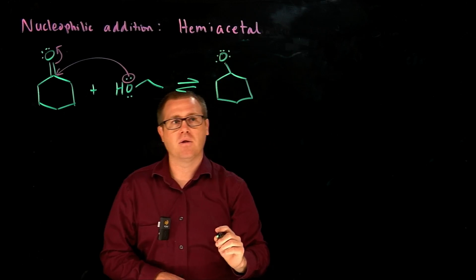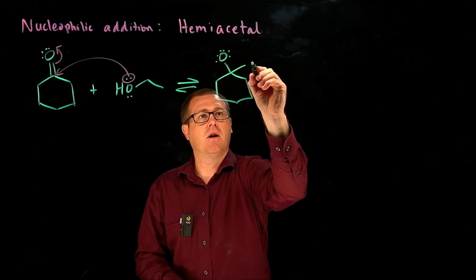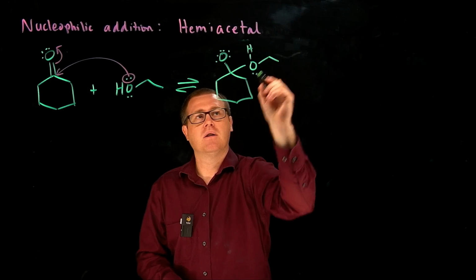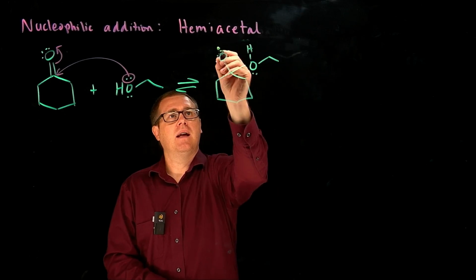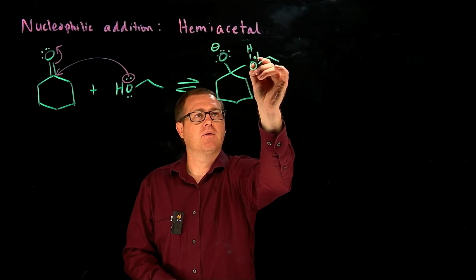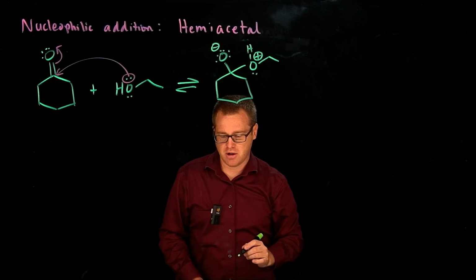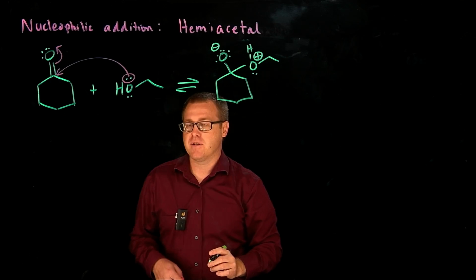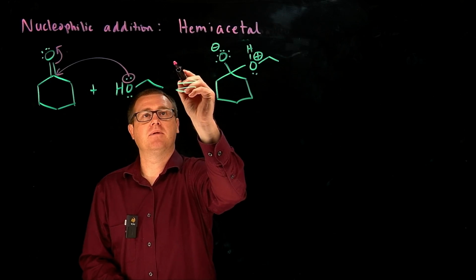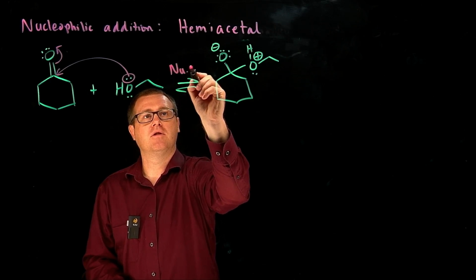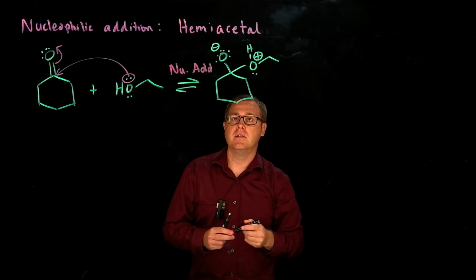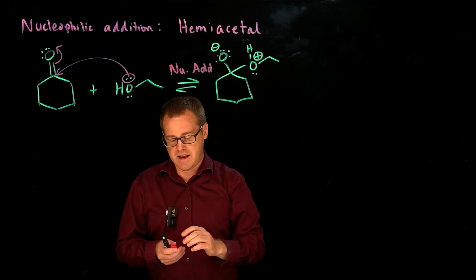And now there's a third one, and then we have an O, H, and 2 carbons. And this oxygen has to be negatively charged, and this oxygen here would have to be positively charged. And that first step right there is called our nucleophilic addition step. There's our nucleophilic addition step.